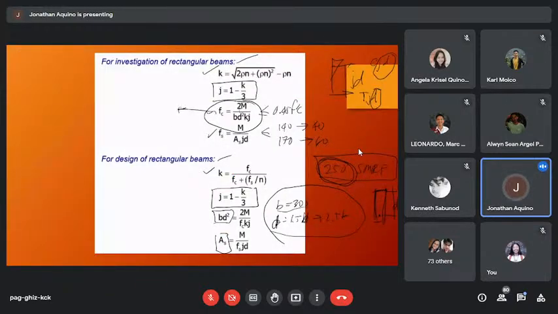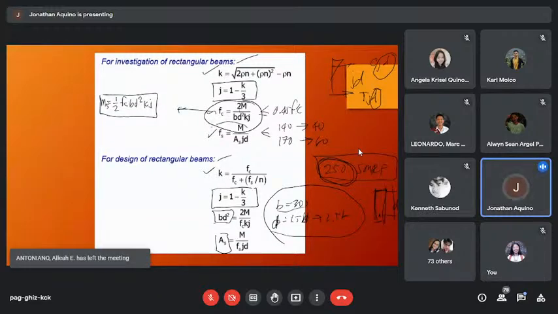So from this formula, if we factor out M, it is simply equal to 1/2 FC times BD squared KJ. So this is the moment capacity considering concrete. And considering steel, from this equation, the moment capacity considering steel is equal to AS FS times JD.